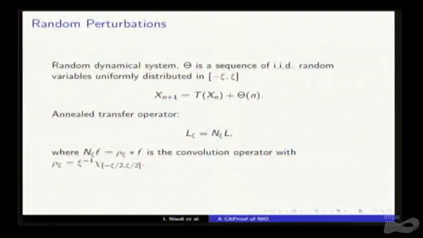So if you take a bounded variation kernel, the density that you get by applying the operator L_C, where C is the size of the noise, has at least the same regularity as the kernel. And since you choose a BV kernel, this operator L_C is preserving the BV space.